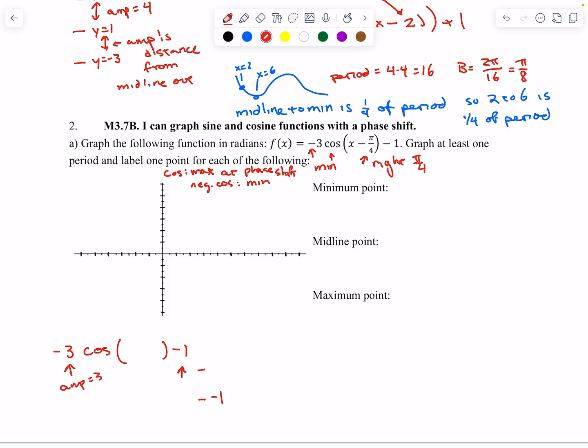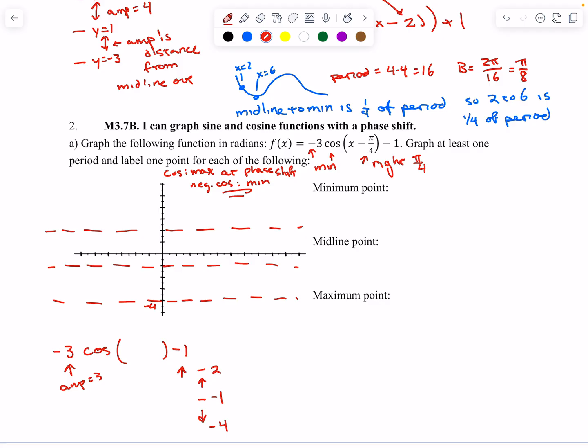So negative 1 up 3 is up to 2, and down 3 is to negative 4. Okay, so we'll go down to 1, 2, 3, 4. And the midline is at negative 1. And then we go up 3 from that, up to 2. Okay, those are my little guidelines.